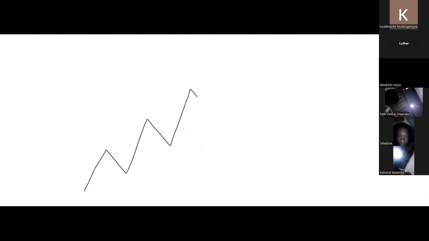Right. Since now we can say we are in an uptrend, if we place our fib here and here, what does that mean? This means that our 100% is going to be at the bottom, right?